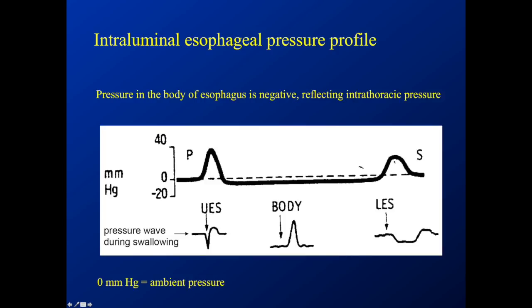And then we come to the lower esophageal sphincter, which is another high pressure point. And then these diagrams reiterate how the pressure wave flows down through the esophagus.